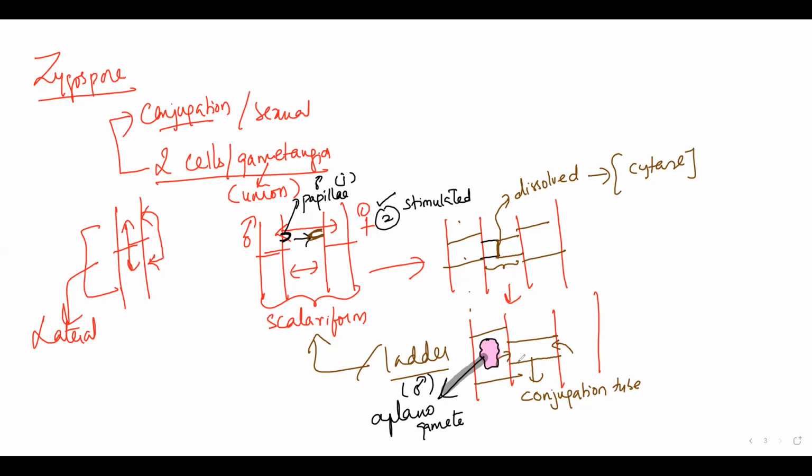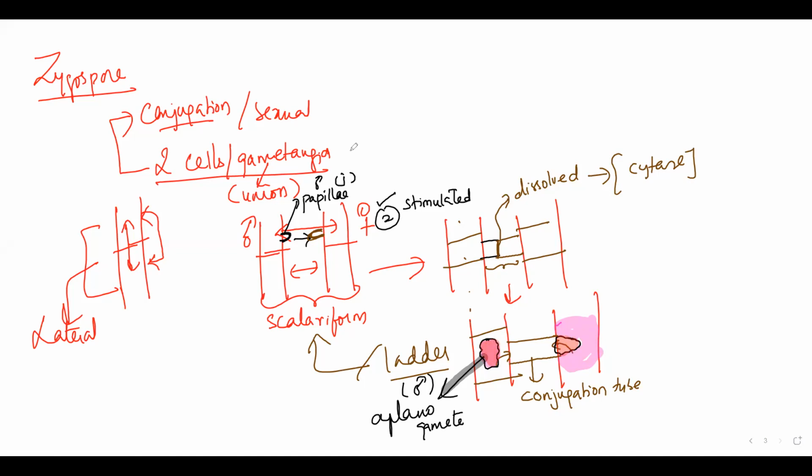Now what happens? The protoplasm of the female cell contracts only to the extent of accommodating the male gamete. The female gamete protoplasm is not going to contract massively like the male, but it is going to create that space for the male to get inside, and this is your male aplanogamete that will be coming up here.